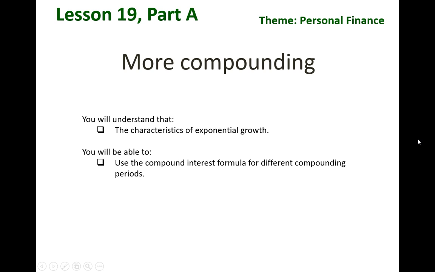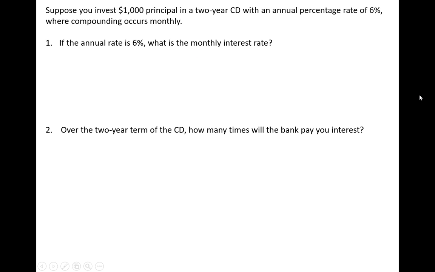More compounding. We want to look at the characteristics of exponential growth, and we want to be able to use our compound interest formula for different compounding periods. Suppose you invest $1,000 in a 2-year CD with an annual percentage rate of 6%, where compounding occurs monthly. So we're going to go to a monthly rate. 6% interest yearly.